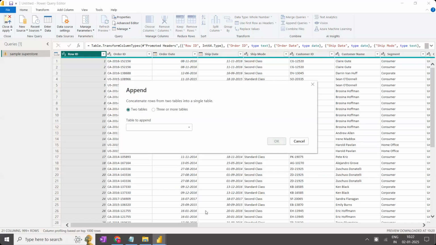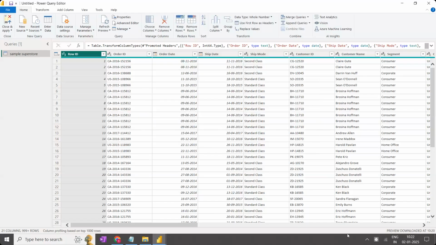For example, one table consists of January, one table consists of February, another of another month. Then you add the append, one below the other. You can append two tables or more than two. In pandas you have the pd.concat function: pd.concat of df1, df2, df3, the same way. Is the point clear, everyone?